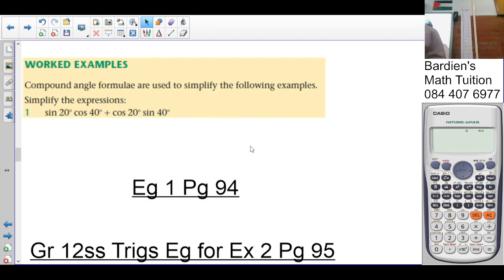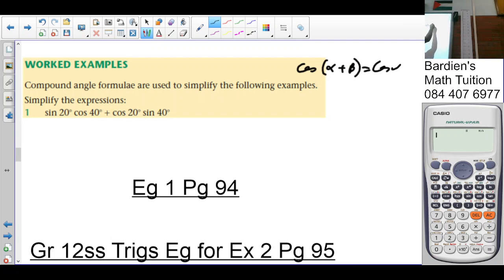So just to refresh your memory at this point, I'm going to keep it on the side here. We got that cos of alpha plus beta can be written as cos alpha cos beta minus sine alpha sine beta. Correct? And if that is minus, then this is plus. Then we also spoke about the sine compound angle.